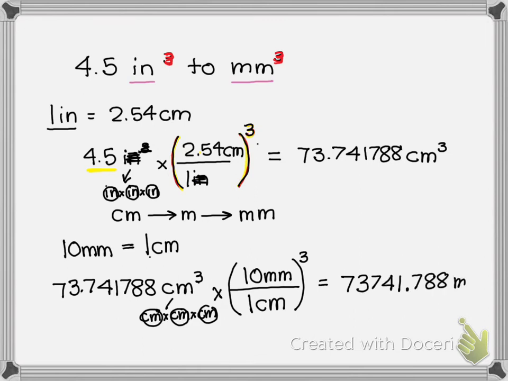73741.788 millimeters cubed. So now I have to worry about significant figures, and so I go back to what I was given, and this number has 2 significant figures. So I want to keep 2, so I want the 7 and the 3.